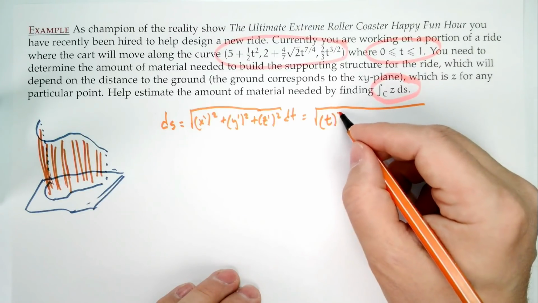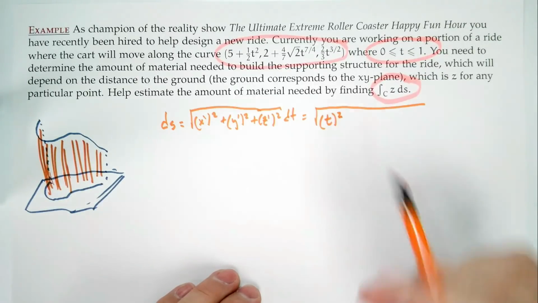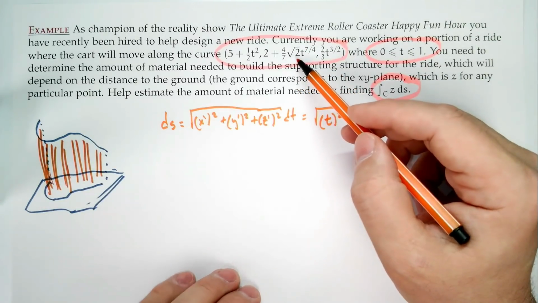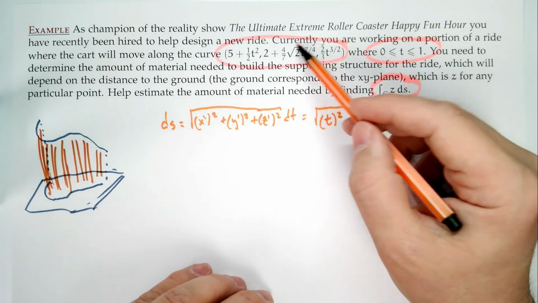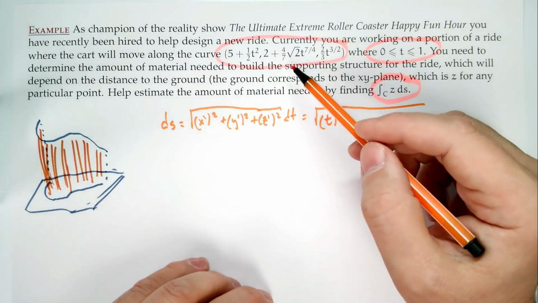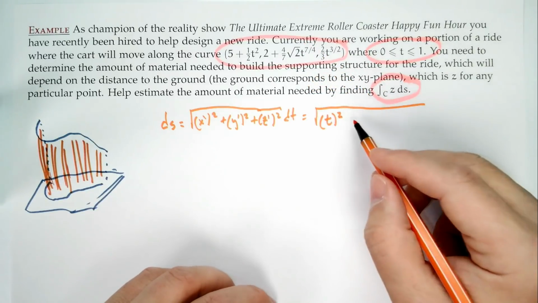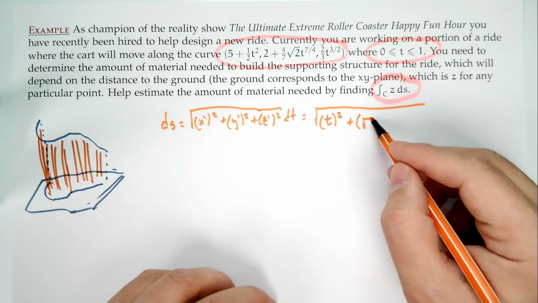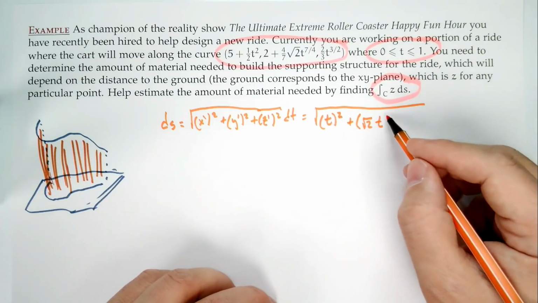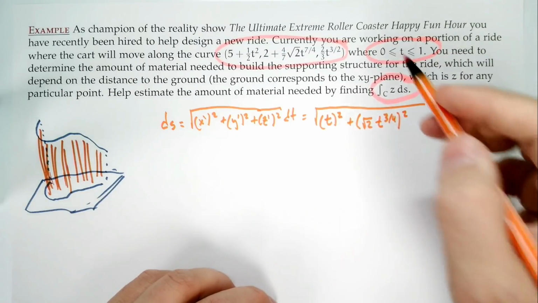So t squared. The next entry, the 2 goes away, and then derivative of 4/7 square root of 2 times t to the 7/4. Well, the 2 is gone, 7/4 comes down, 4/7 and 7/4 exactly cancel. Suspicious that it works out so nicely. So what's left is the square root of 2, and then t to one less power, 3/4. That's going to be squared.